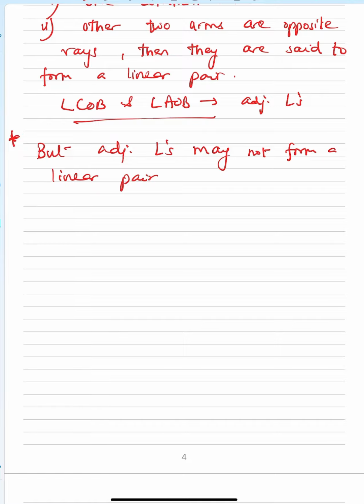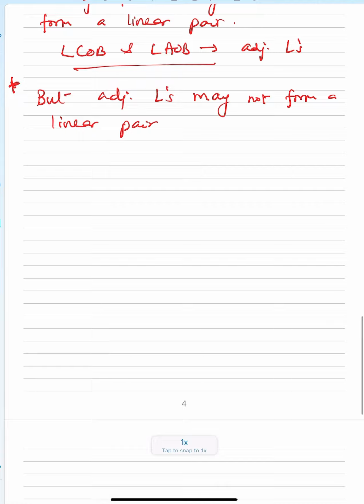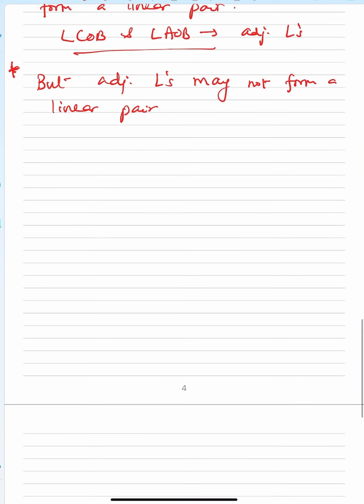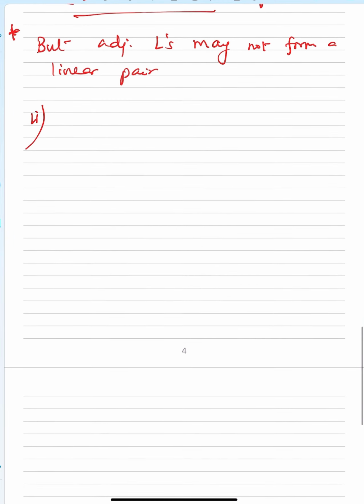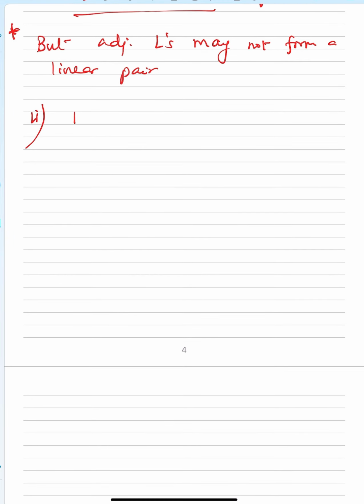Okay, now also we can say that angles of a linear pair are supplementary, but supplementary angles may not form a linear pair. Okay, but the next point for linear pair angles is that the angles of a linear pair are supplementary.